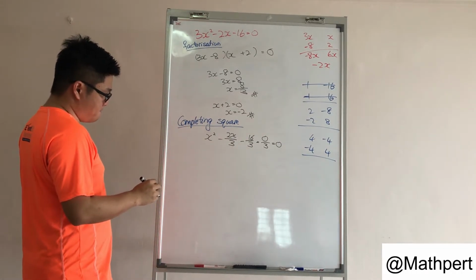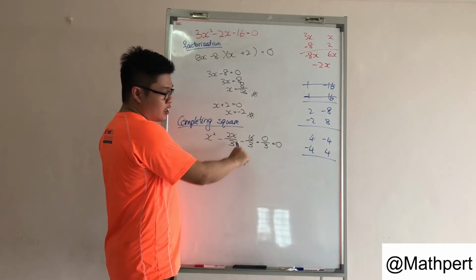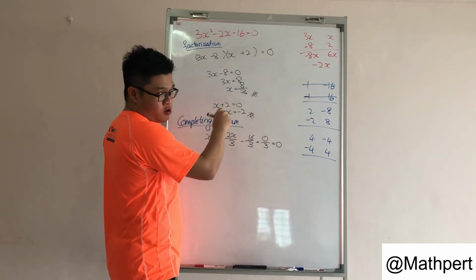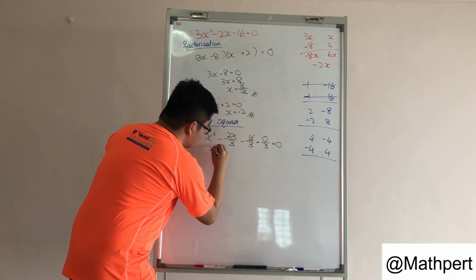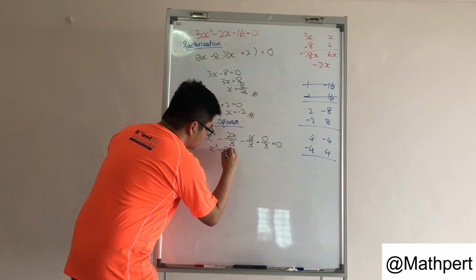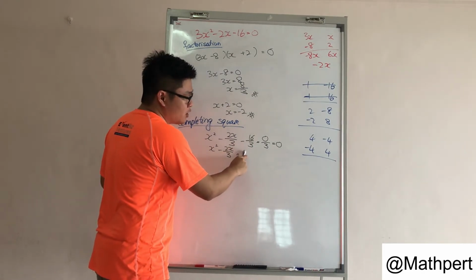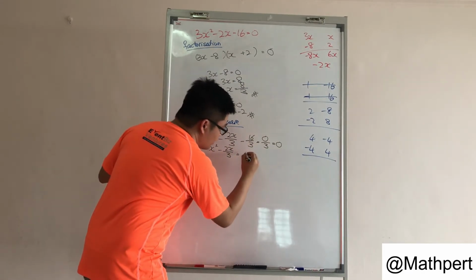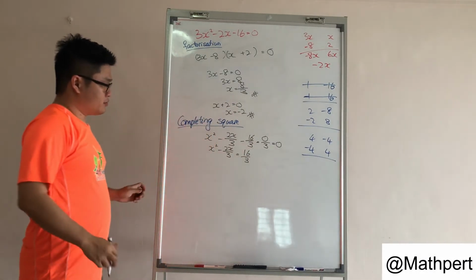So we move 16 over 3 to the right hand side for easy calculations. So this will be x squared minus 2x over 3 equals negative 16 over 3, moved to the other side, will be positive 16 over 3.